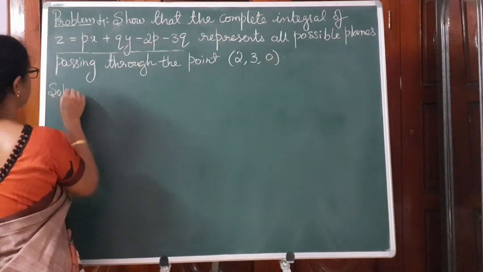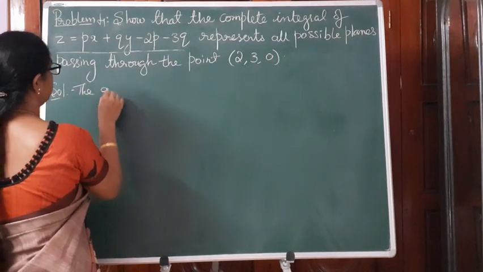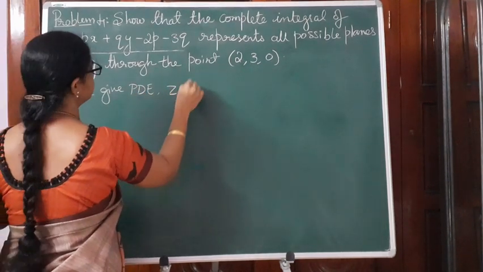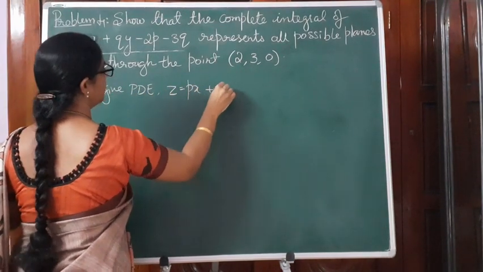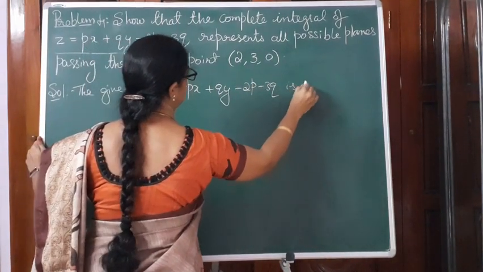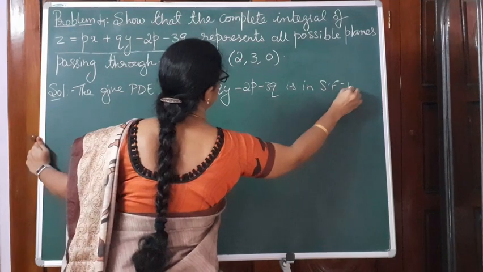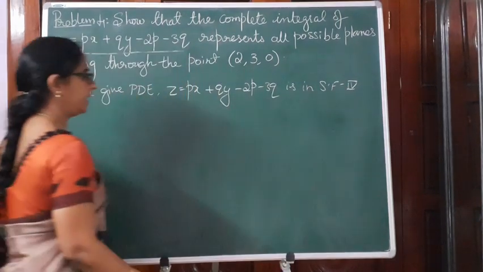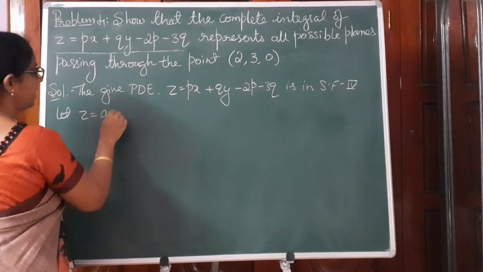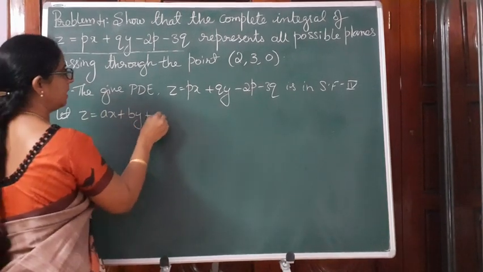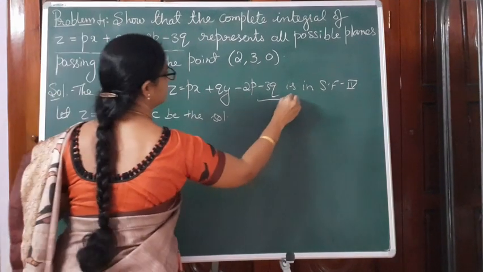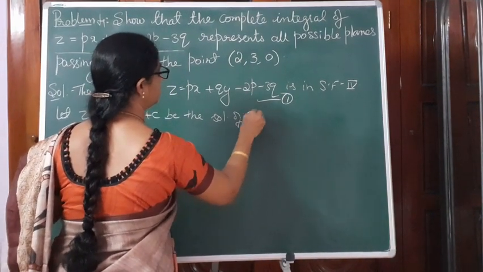To find its solution, we assume the solution to be, let z is equal to ax plus by plus c be the solution. Call this equation 1.